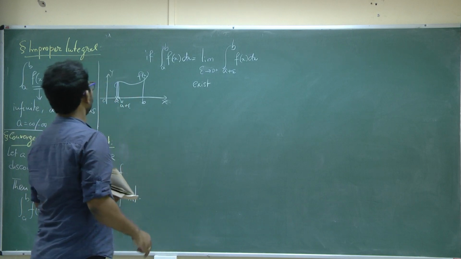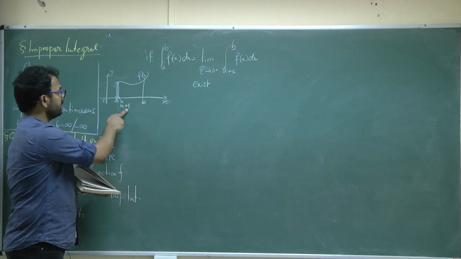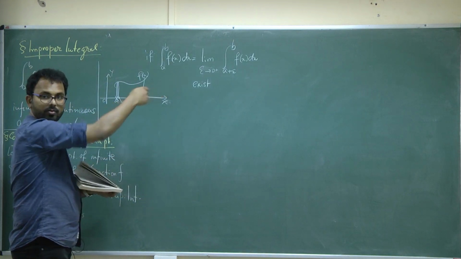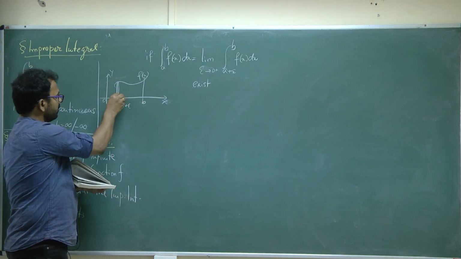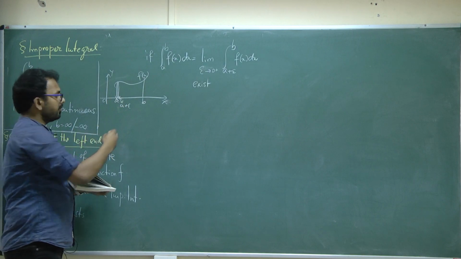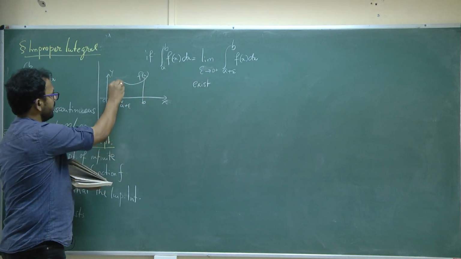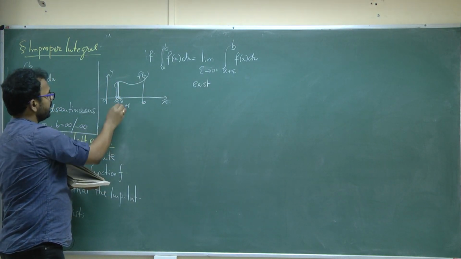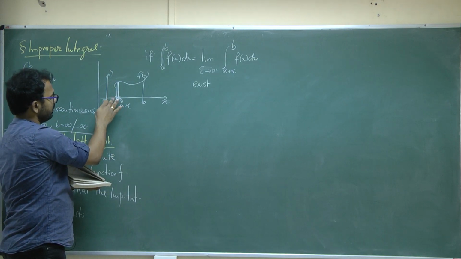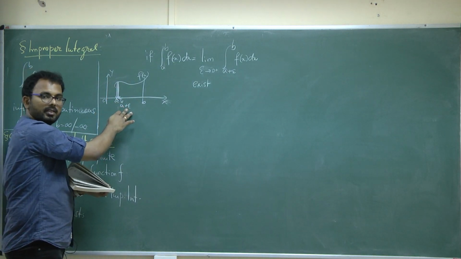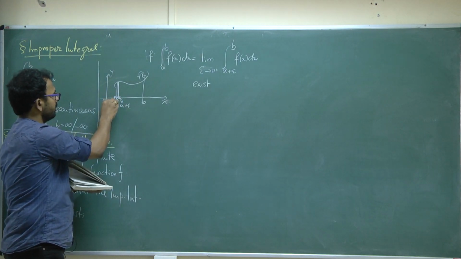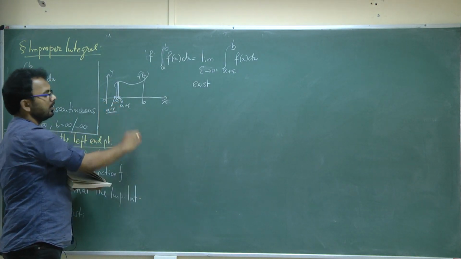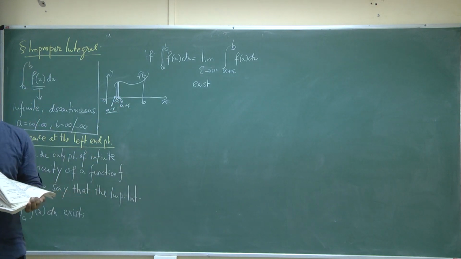And why are we adding an epsilon? You see, epsilon is tending to 0 from the positive side, that means we are coming to a from the right hand side. Otherwise, if you write it as a minus epsilon, let us say, then you will end up being here, and that goes outside of the given interval.